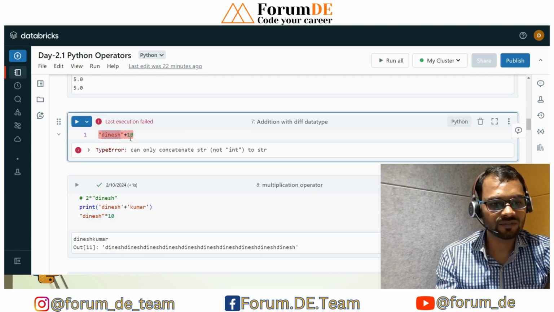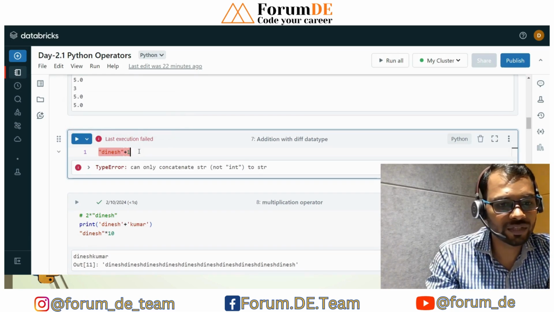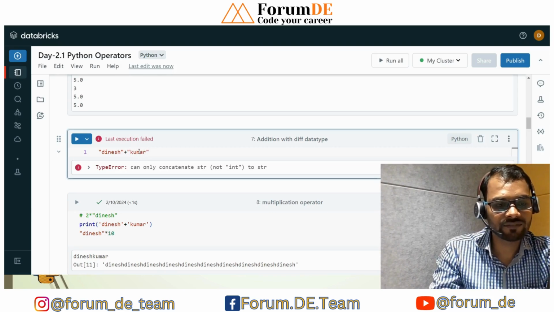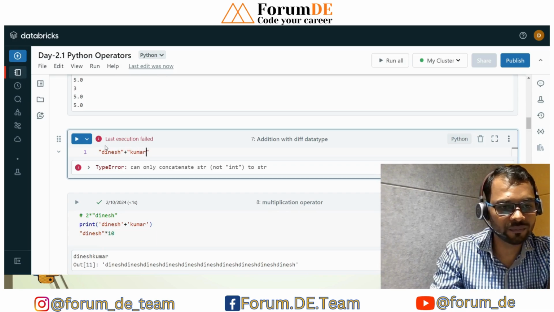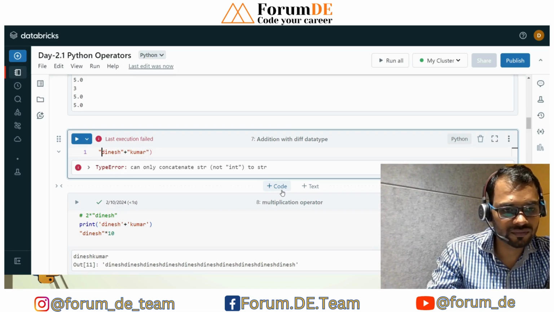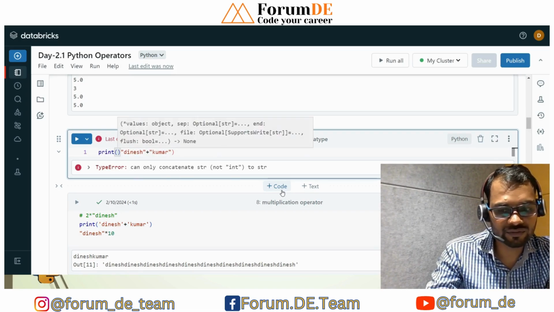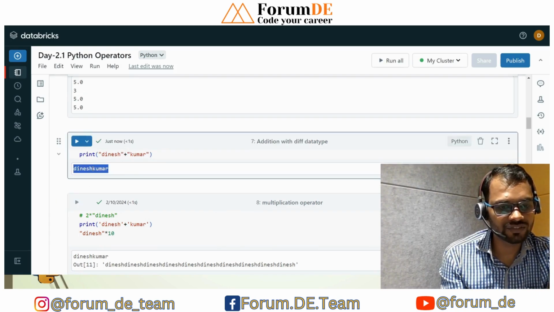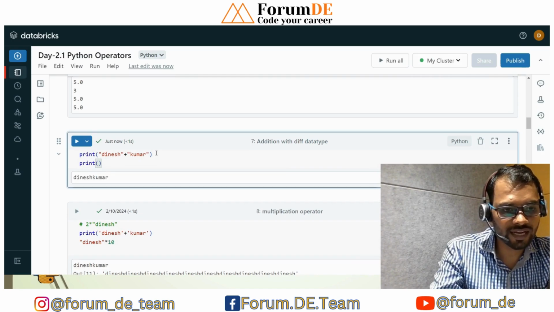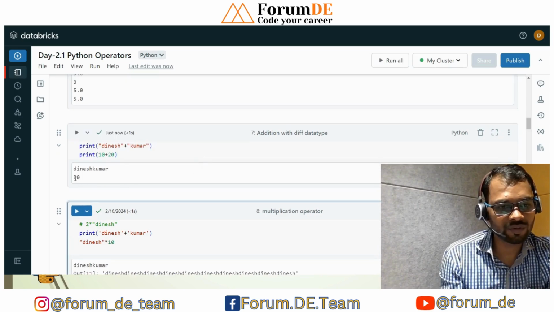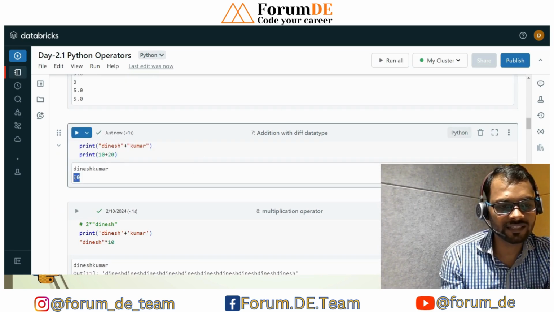For example, if I add Dinesh and Kumar and print this value, it will do the concatenation; it will add both of the string data types. Now if I do the addition 10 plus 20, both integers, it works as a sum.